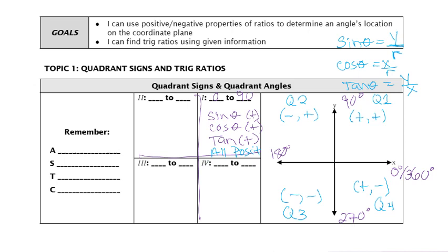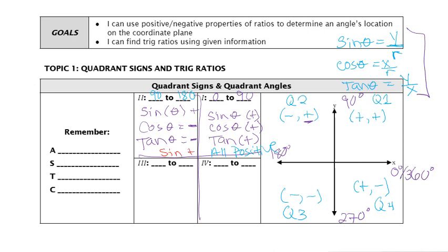If we look at quadrant number 2, that goes from 90 to 180, since our y values are positive here, sine is going to be positive in this quadrant. Cosine, since x is negative, is going to be negative, and tangent is also going to be negative. So in quadrant 2, your sine is going to be positive.